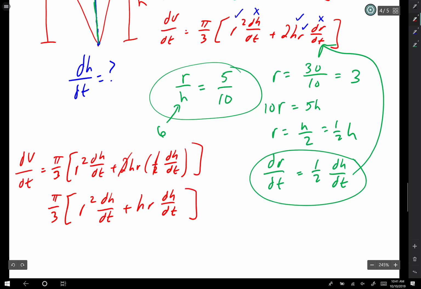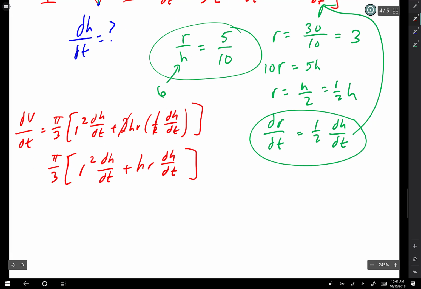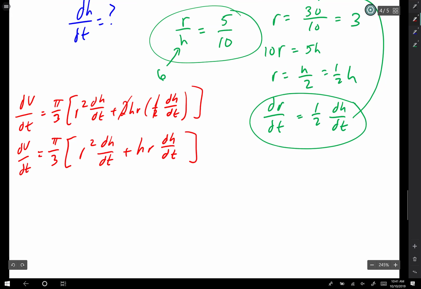Now I can plug in everything. That's dV/dt. Let's plug in everything, guys. What was my dV/dt? Was it 9? Yeah, it was 9. Okay. Catch up and then we'll start. What was the radius of the water? 3.